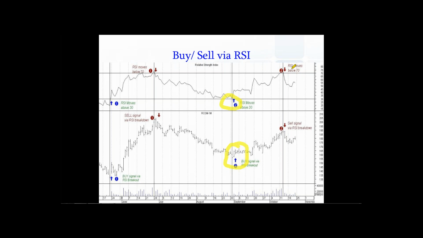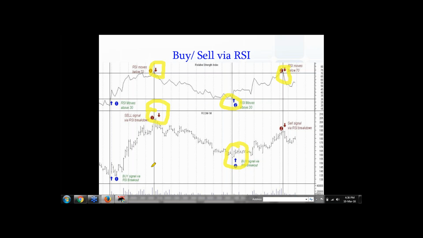Whenever it moves below 70, it gives a sell signal. This is a very clear, simple and plain vanilla indicator to use in technical analysis. Whenever the RSI moves below 70, you can give a sell signal. Whenever it moves above 30, you can give a buy signal on the charts.